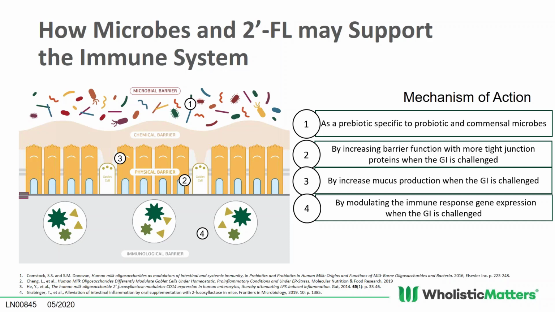It supports the GI barrier overall with more tight junction protein, strengthening that barrier when the GI is challenged. It increases mucus production, helping to coat that barrier nicely. It also modulates the immune response, helping to control the expression of excess cytokines that can stimulate immune responses throughout the body, and helping to tightly control the response to what needs to be done and not be excessive. It's really an exciting and evolving area of research on how 2FL may support immune system defense.